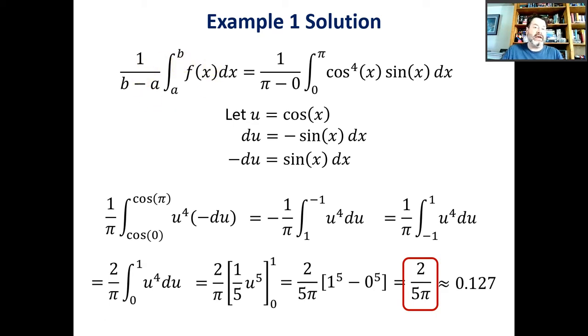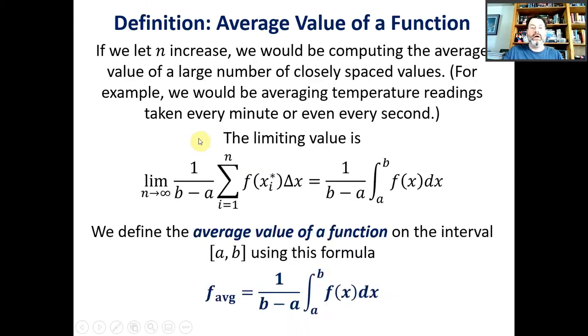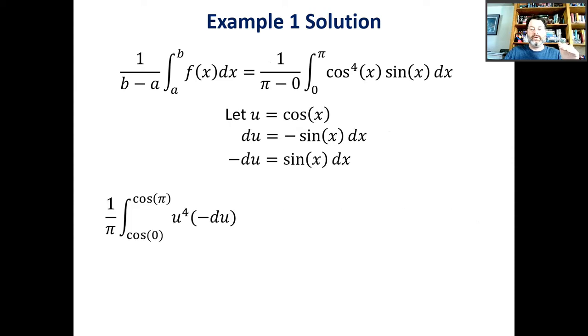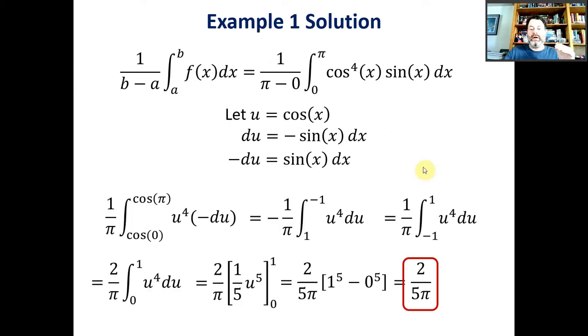So what this is saying is that if you drew the graph of this function on this interval and then drew a horizontal line at y equals 0.127, the area in that rectangle would be the same as the area under the curve.